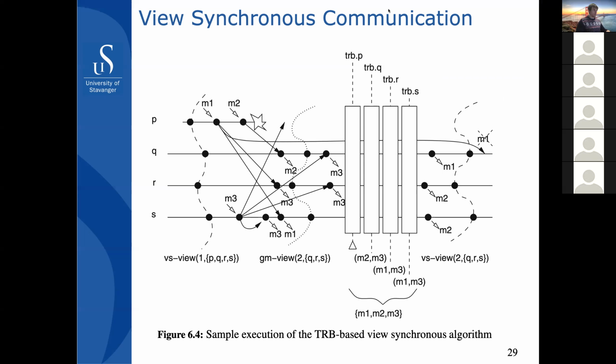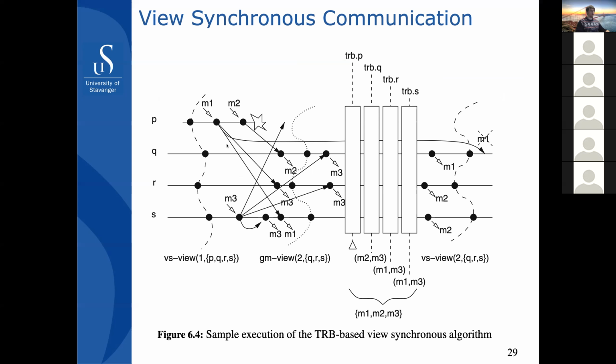So these blocks here represent the messages seen by the different processes. For example, process Q, what messages has it seen? Well, it has seen M2 and M3, and this is written here.